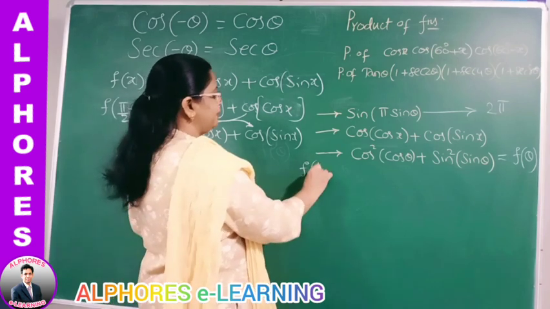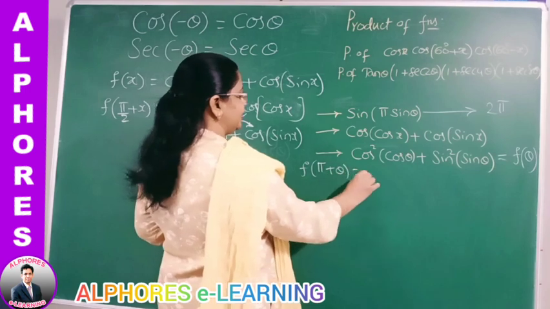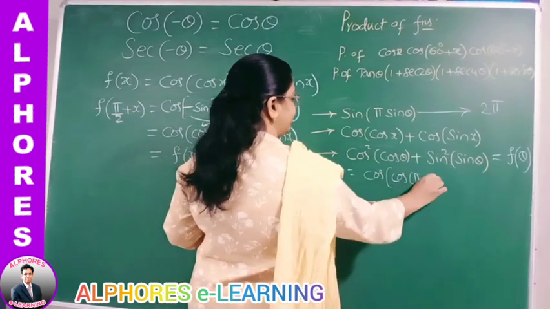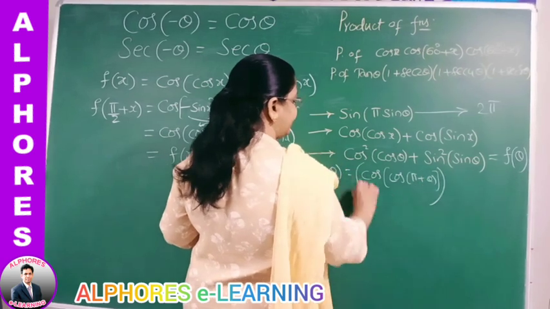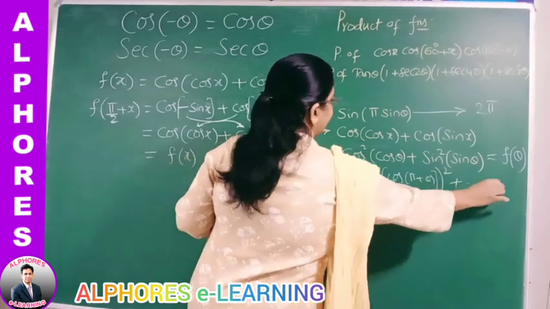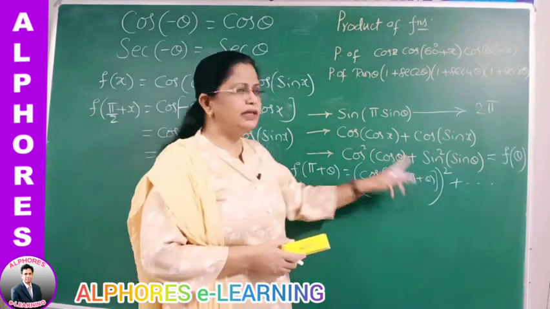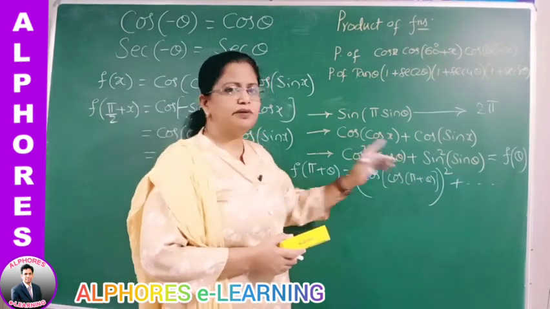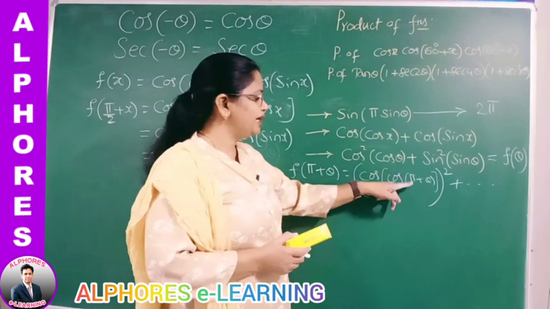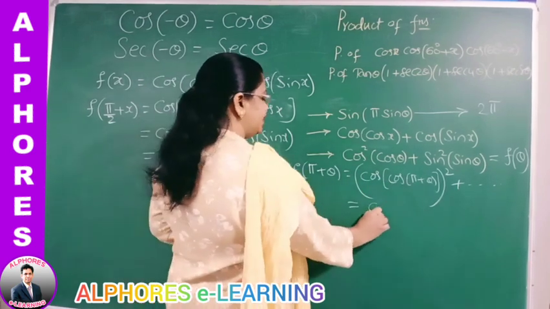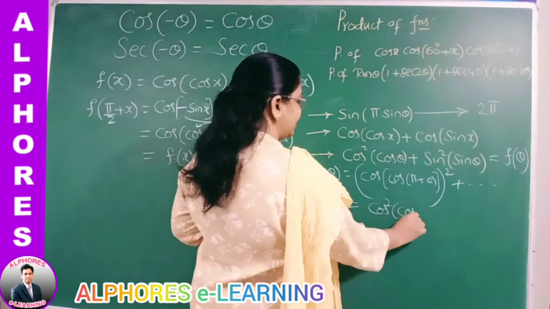So f of pi plus theta, if I write here, it is cos of cos of pi plus theta and whole square, it is applied to the entire value. Similarly for sin also we write. Now what is cos of 180 plus theta? It is minus cos theta. Again cos of minus cos theta is cos theta. Therefore you got cos square of cos theta again.